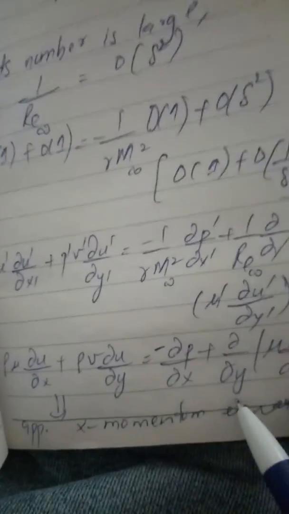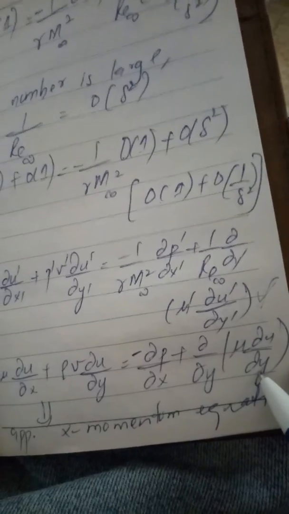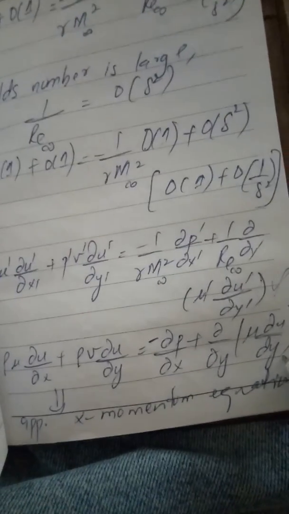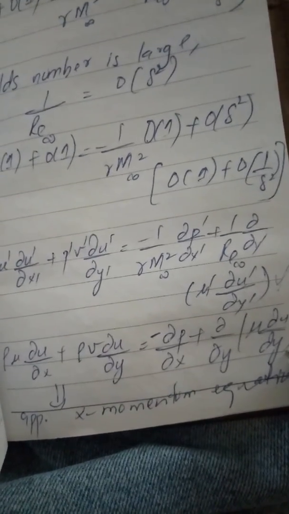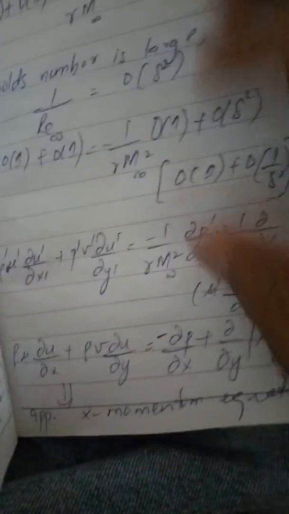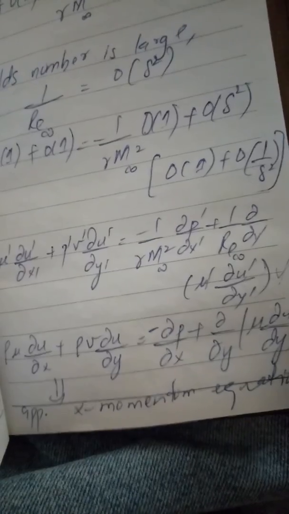We have to take it again to 0, for that it tends to 0. So again this would be the form, and when we approximate again with respect to x, where x tends to 0, that has taken us to this equation, which is the approximate x momentum equation.